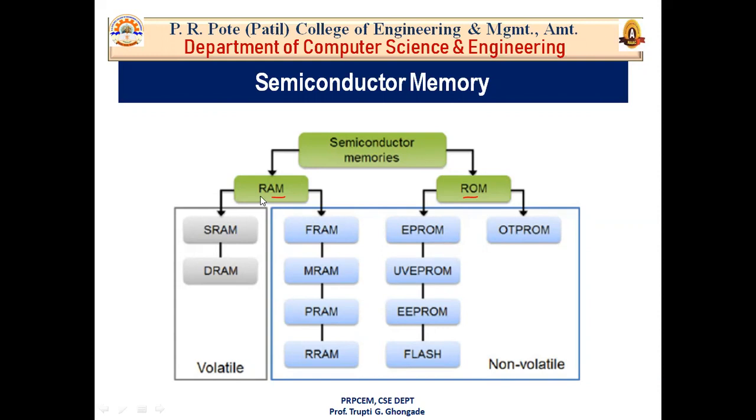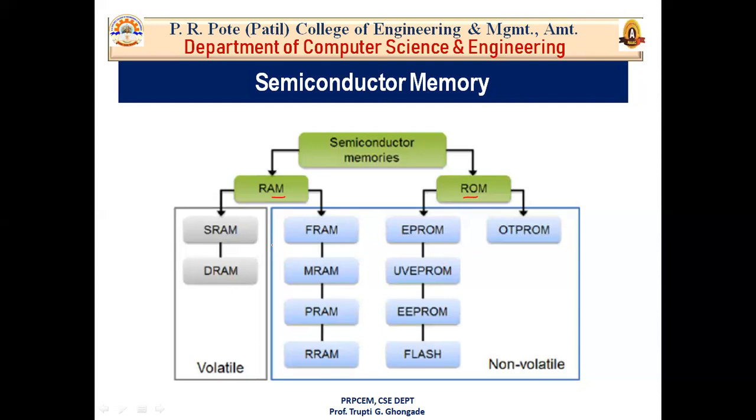RAM comes under the volatile memory and ROM comes under the non-volatile memory. This categorization is subdivided into more types. RAM is subdivided into SRAM, which is static RAM, and DRAM, which stands for dynamic RAM, and also flash RAM, MRAM, PRAM and RRAM.